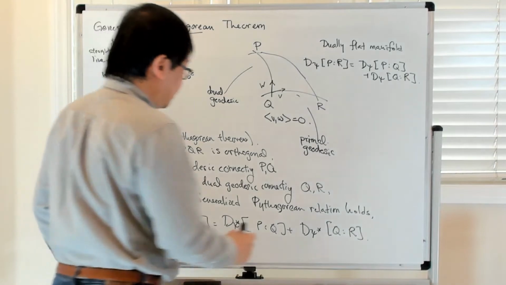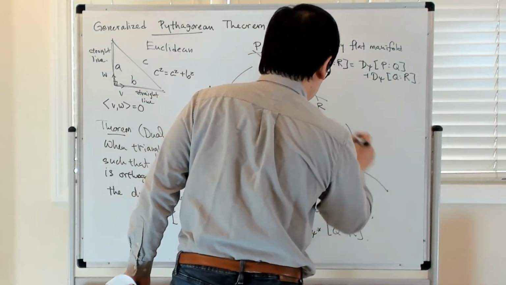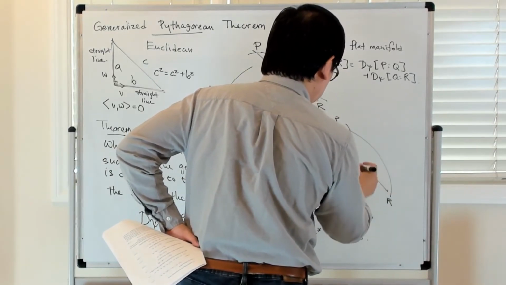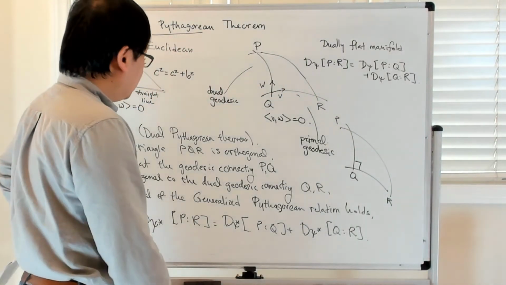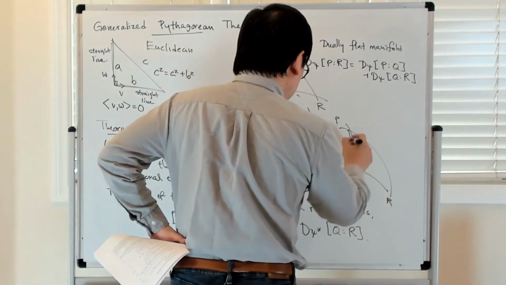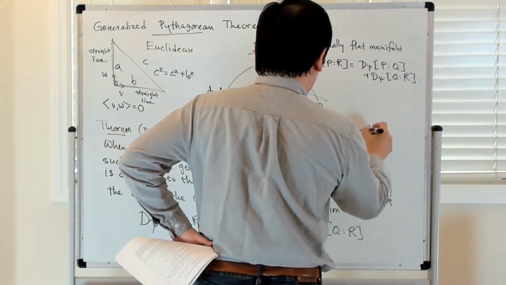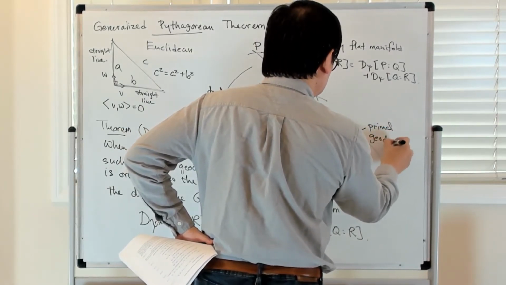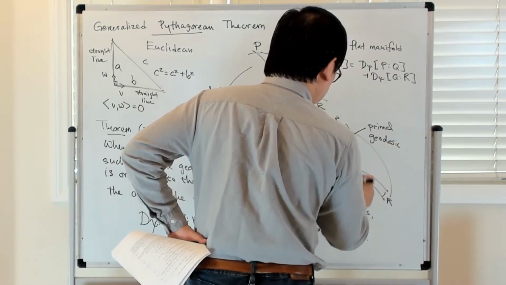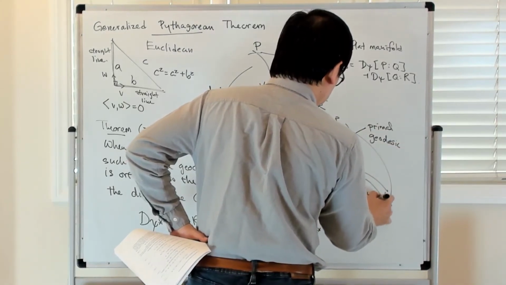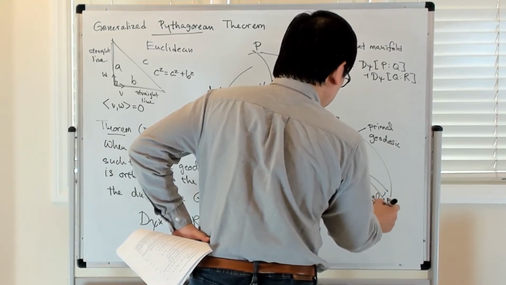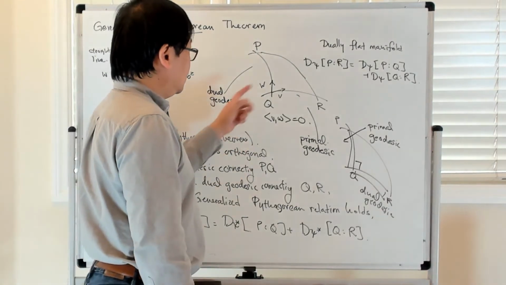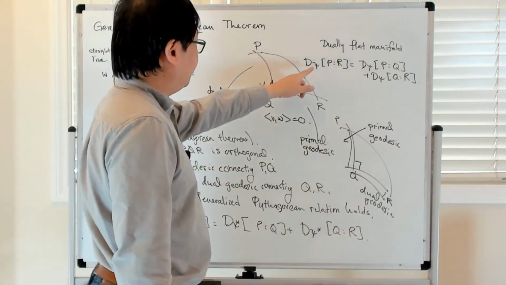So the difference here is that in this picture, you again have P, Q, and R, and this is orthogonal as before, but this curve here now is the primal geodesic. This curve here is the dual geodesic. Okay, and then the rest of it holds, right? But with phi star instead of phi.